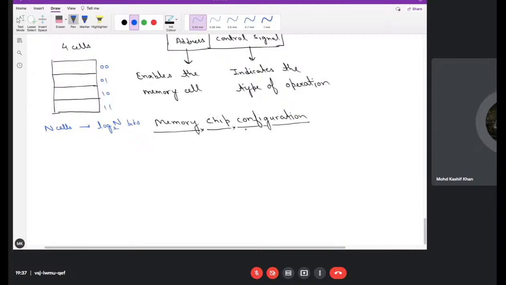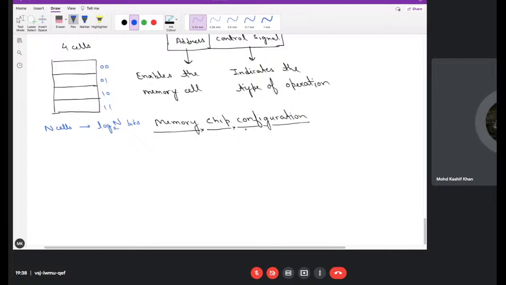Number of address bits required to access the memory always depends on the capacity of a memory chip. Okay, full stop.